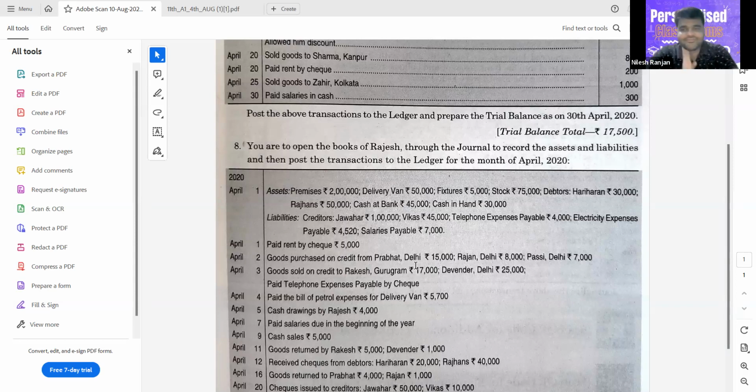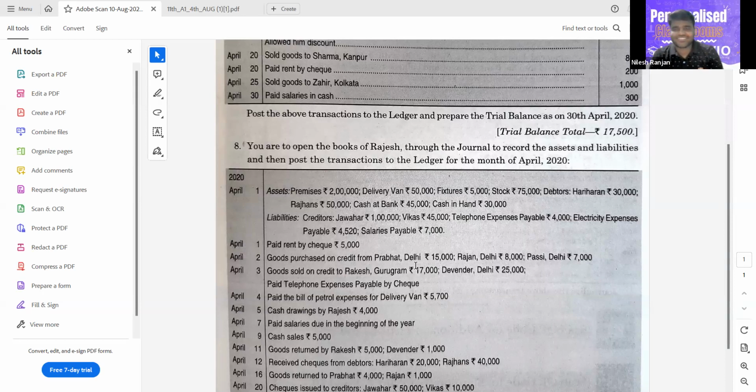Yes. Stock account, to balance 75,000. And on the debtors account, to balance. Oh, no, sir. Debtors account, to balance 30,000. One minute, sir.